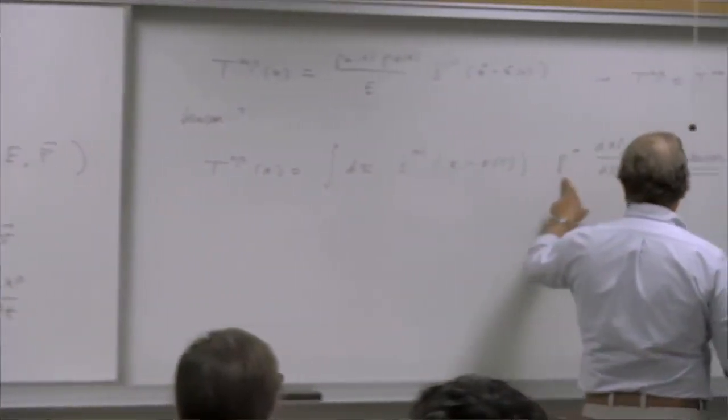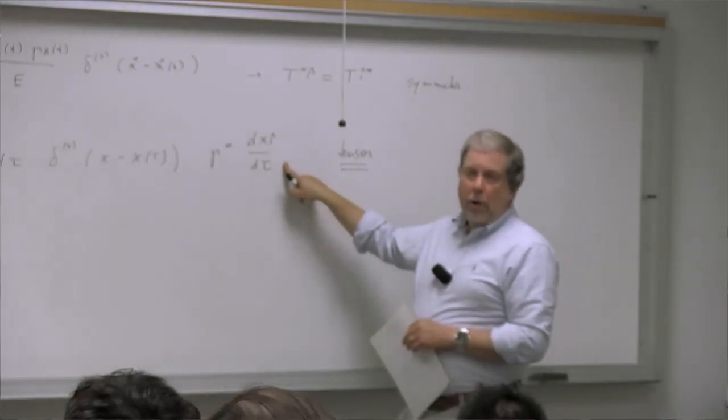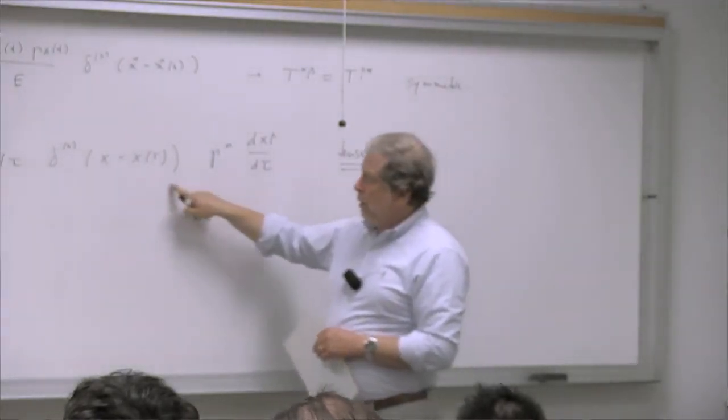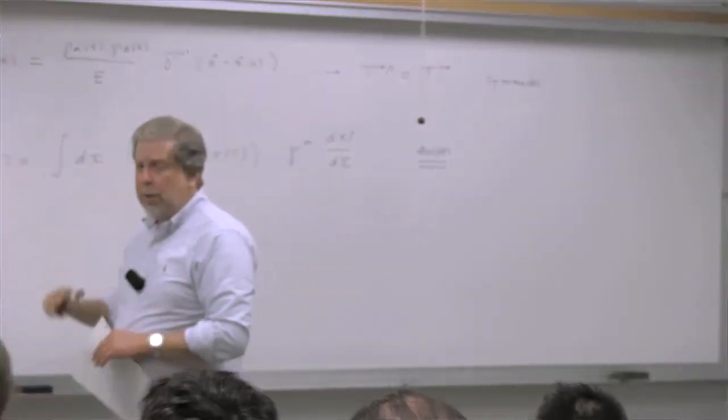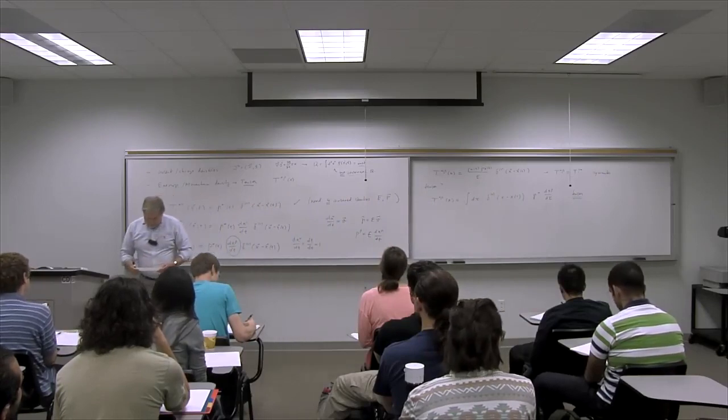That is okay because this is a 4 vector. Why is this a 4 vector? Well, because the derivative with respect to the proper time, which is an invariant, behaves nicely, and so everything is done. So that concludes the proof, right?